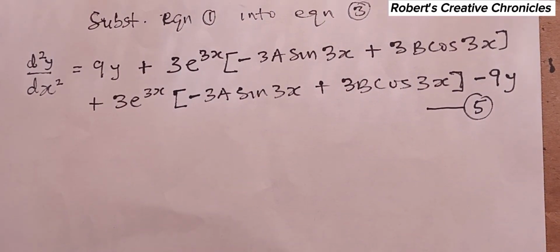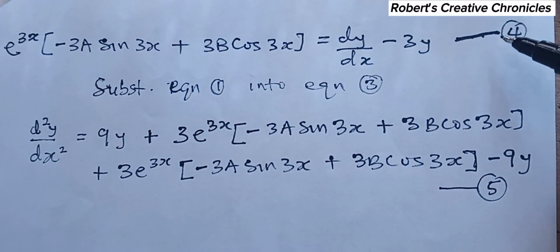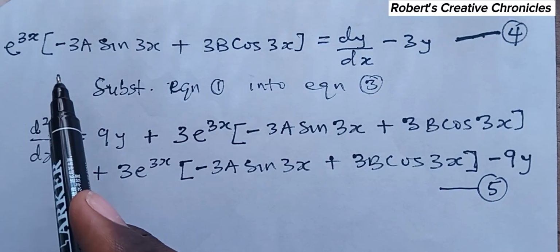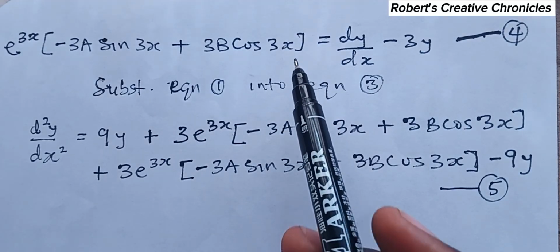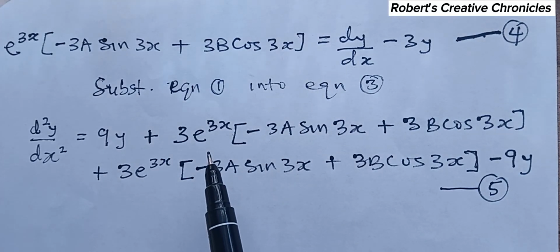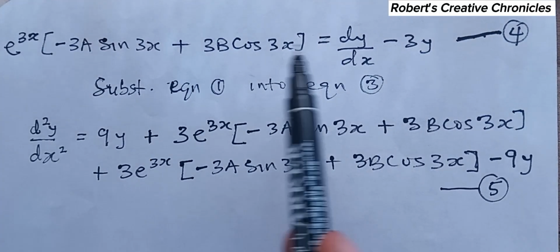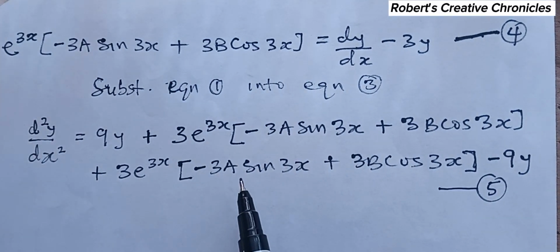Now, finally, we will substitute equation 4 into 5. You can see that e^(3x)(minus 3a sin 3x plus 3b cos 3x) is the same thing as this one, and it's also the same thing here. So anywhere we see this term, we substitute it.